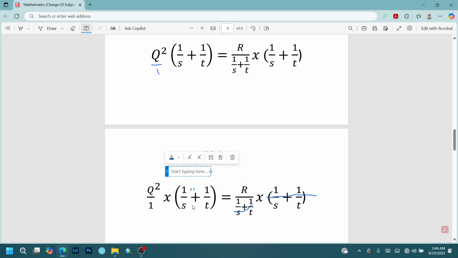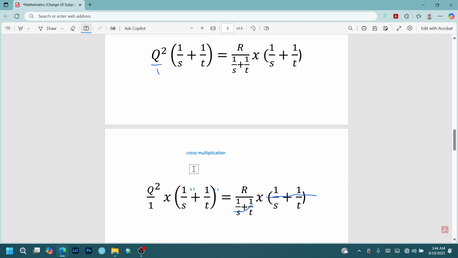Also in a similar trajectory, the denominator on your left hand side would multiply the numerator on your right hand side, right?